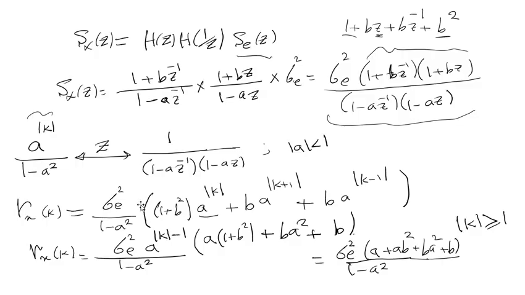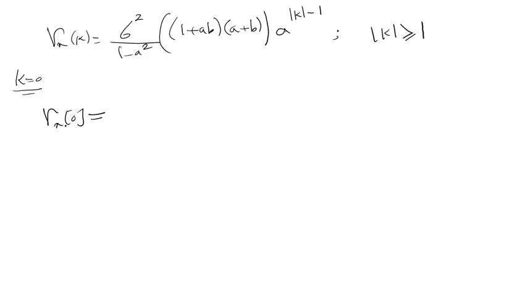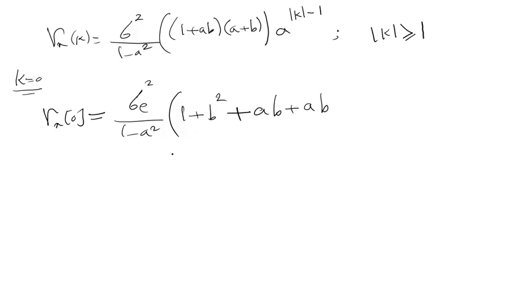So 1 plus b squared, I have sigma squared e over 1 minus a squared times 1 plus b squared plus ab plus ab, which is sigma squared e over 1 minus a squared times 1 plus 2ab plus b squared.